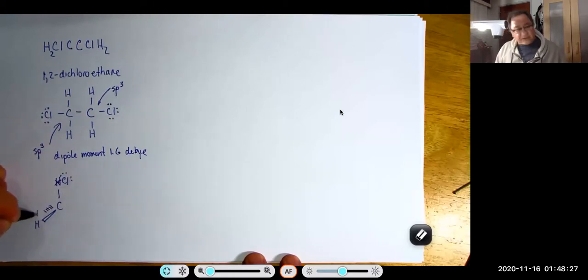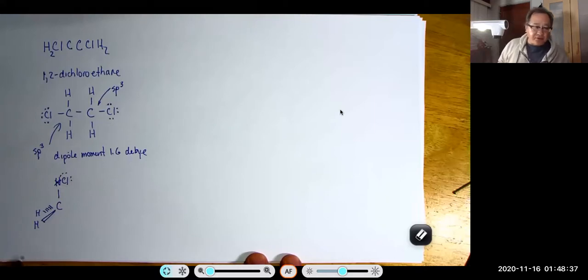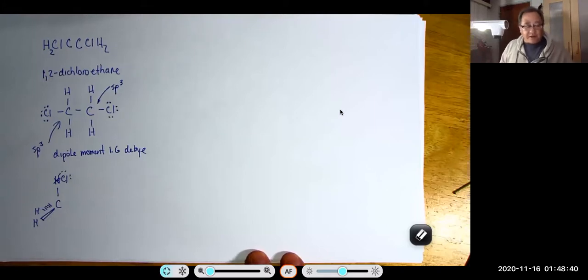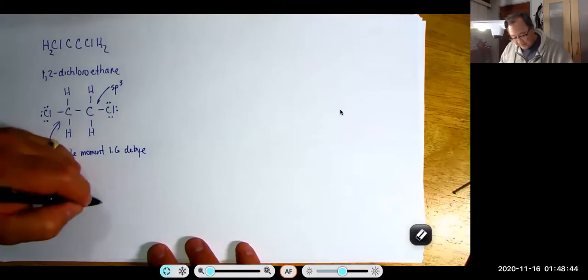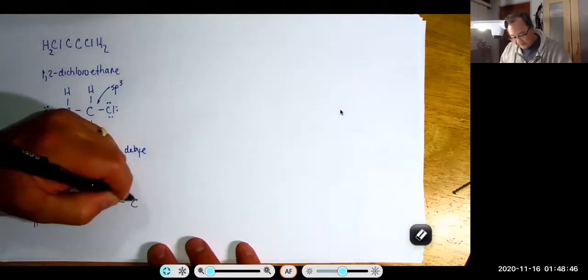And since this has a dipole moment, I want to draw this so it looks like it's got both of the most electronegative atoms on one side. Now, what are the most electronegative atoms in this? They're chlorine. So I'm actually going to redraw this a little bit differently. I'm going to draw it like this.